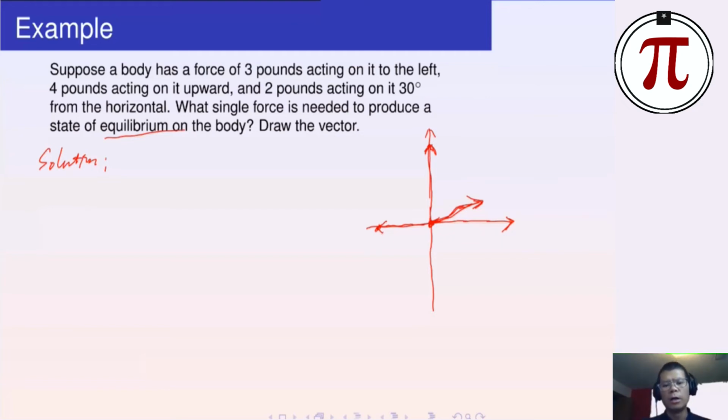Now you need to denote all these 3 forces as vectors first, so they have a direction and a magnitude.